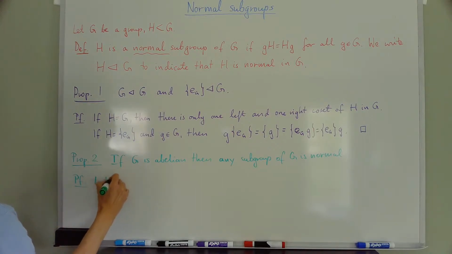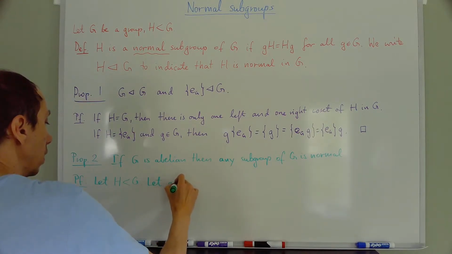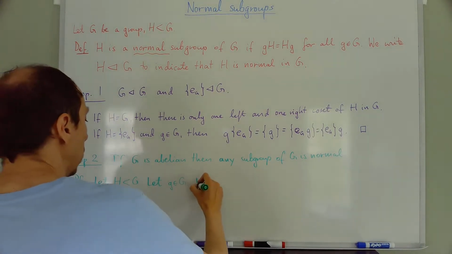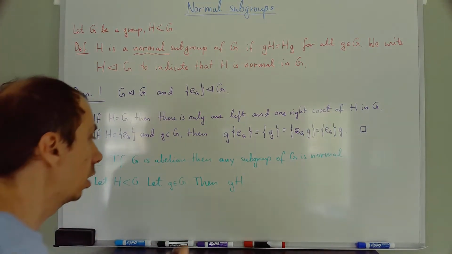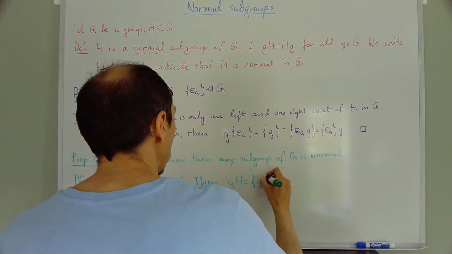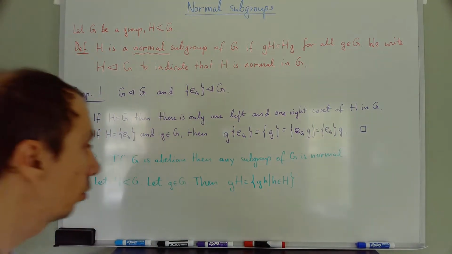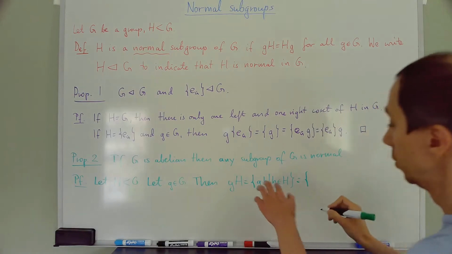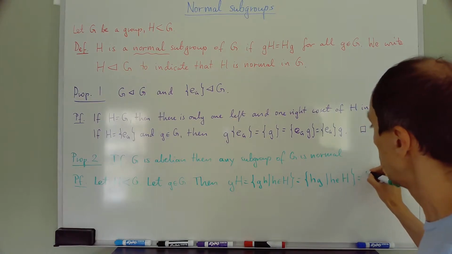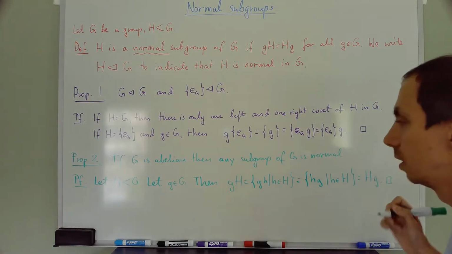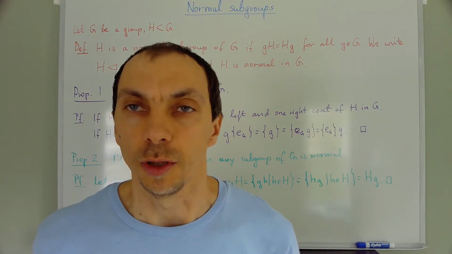Let H be a subgroup of G, and let g be in G. Then gH consists of the elements gh where h is in H, by definition of what that left coset means. But that is the same, because I can commute the g and the h, as hg when h is in H. So that is by definition the right coset. Okay, so in an abelian group, every subgroup is normal.